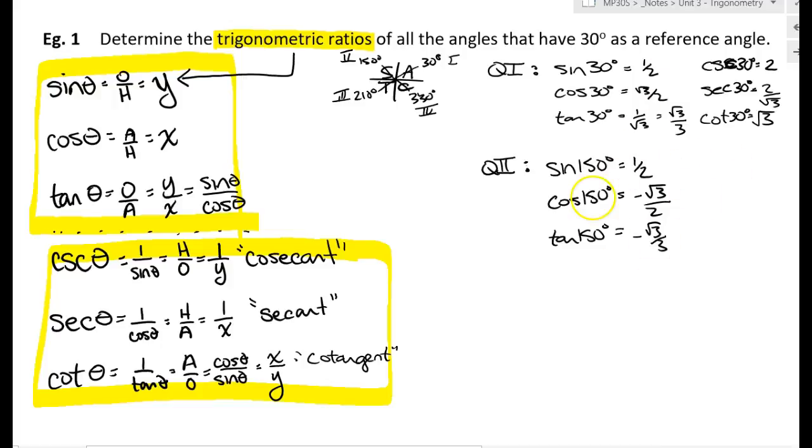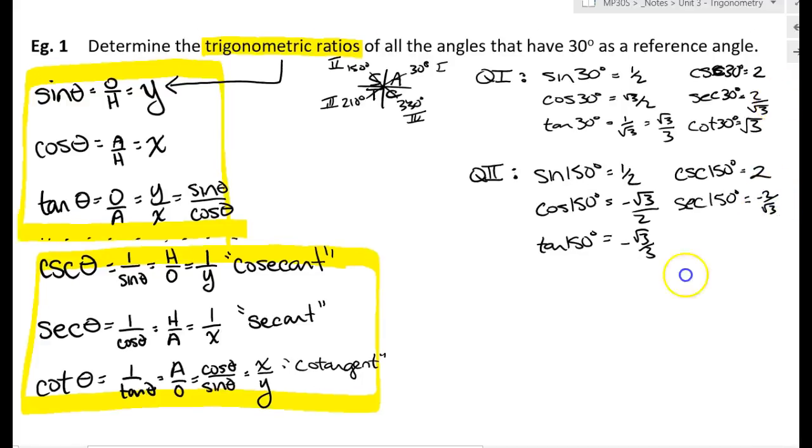So it's the exact same values, just dealing with our signs from our quadrants, which is why T1 is really important to this. Then we go to cosecant of 150, and that gives me positive 2, because flipping this does not mean I invert the sign. And then I've got secant of 150 is going to be negative 2 over root 3.